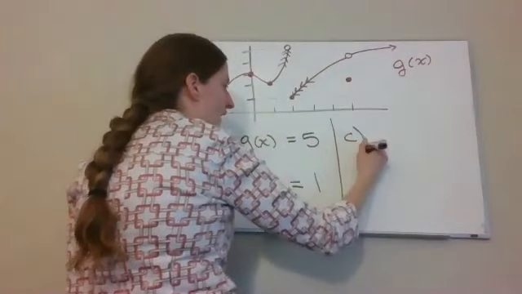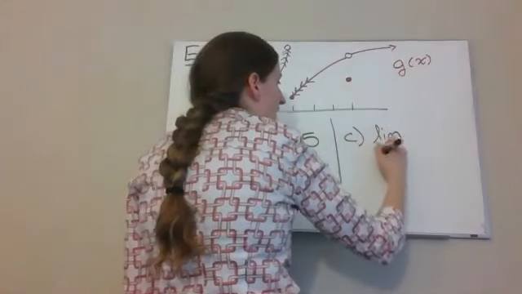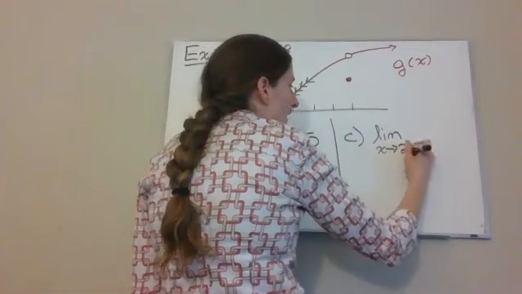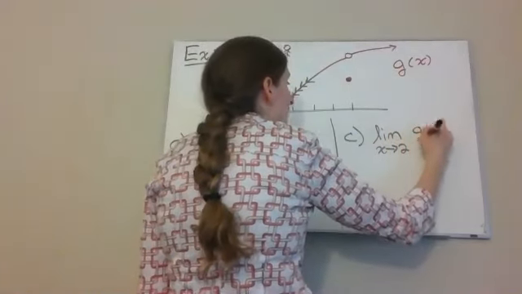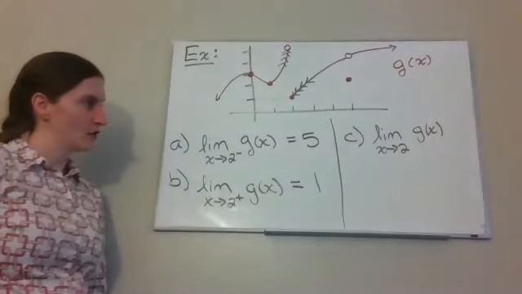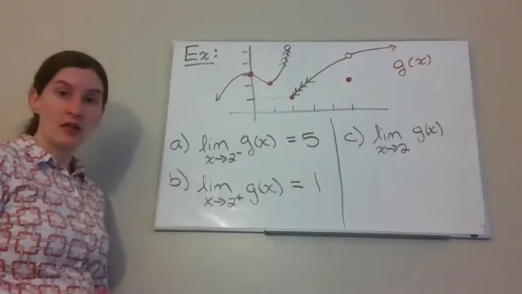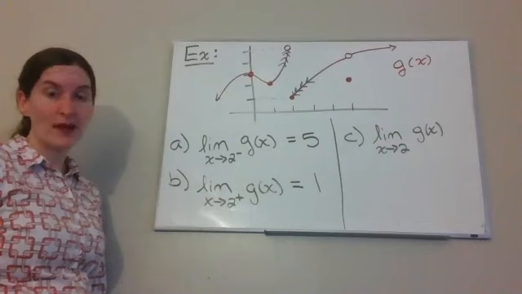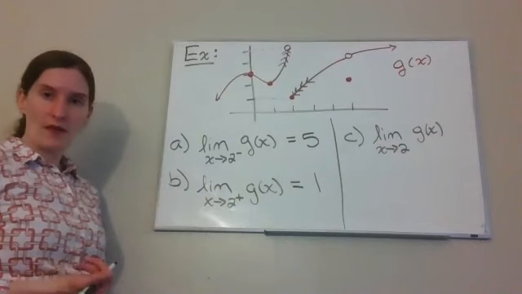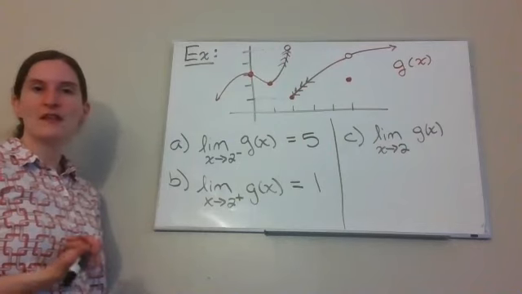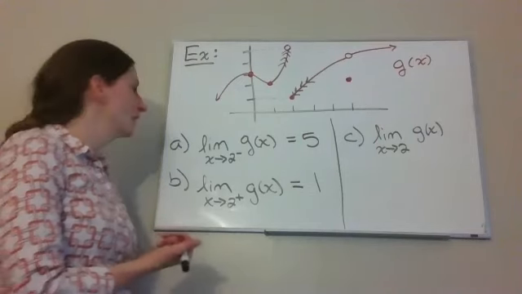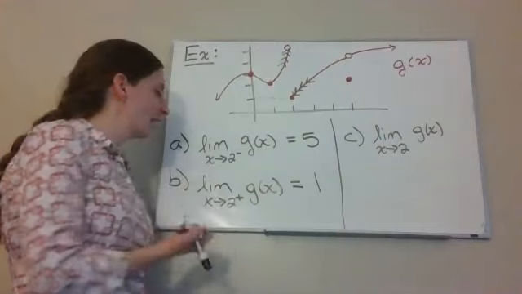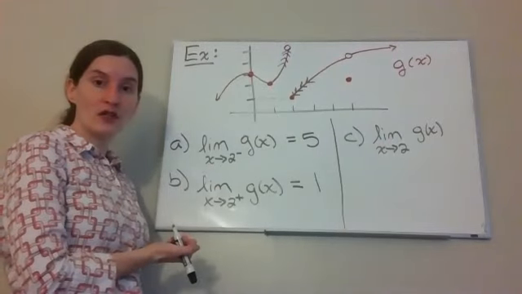Now for part C, we want to find the limit as we approach 2 from both sides of our function. Well, we've already done all the work for this. We've looked from the left and we've looked from the right. That theorem we had just written down said that the limit as we approach 2 will only exist if the limit from the left and the limit from the right equal each other.